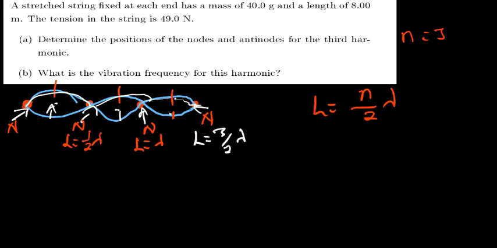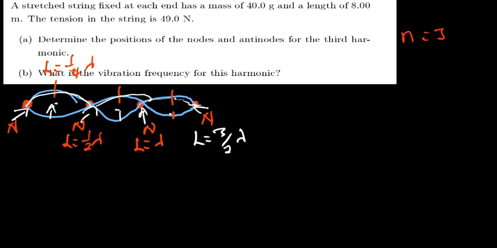Then when we're talking about the antinode, it's going to be, if this is 1 over 4, so the length here will be 1 over 4 lambda. Now in between 1 over 2 and lambda, what are we going to have?